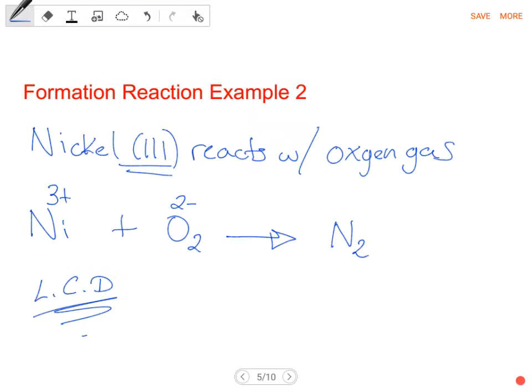Now, we have a little bit of an issue here. We're going to put oxygen right there. Now, if you look at this, based on the lowest common denominator method, we have to have 3 oxygens. But actually, no, it's not much of an issue at all. We're just going to put right here 3. Sorry, everybody, I kind of messed it up.